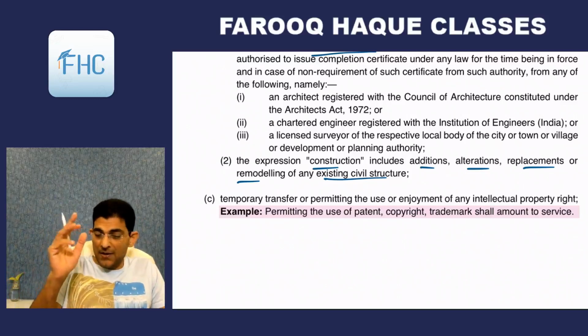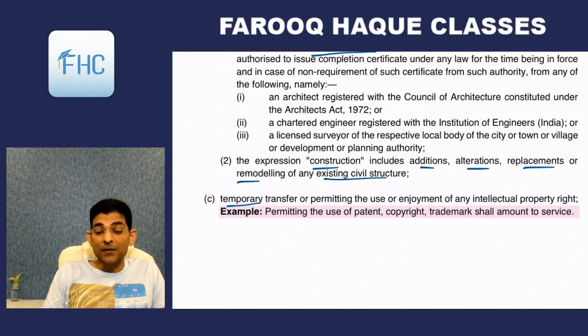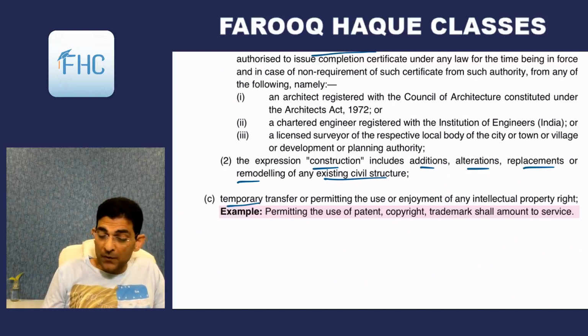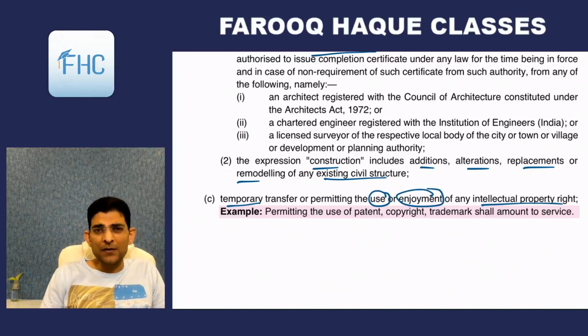Understood? Very good. The next one is C. Temporary. Temporary means for the time being. Transfer or permitting use or enjoyment of an intellectual property right. Very simple example. If I own a trademark or a patent or a copyright and I give it to somebody for temporary use, like I write a book, I own the copyright and I am giving it to a publisher to publish it.